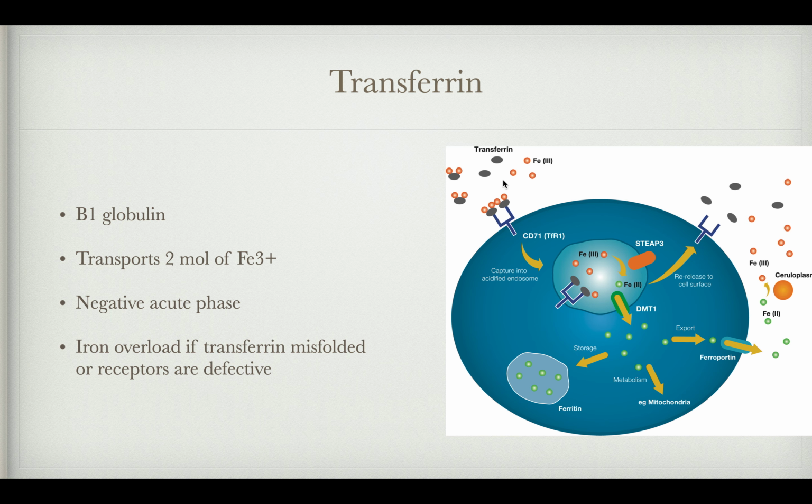Iron comes, binds, and then this transport molecule takes it into the cell where it dissociates, and then iron can be used, and then it is either exported through the ferroportin, or it's released through the cell surface using the transport.